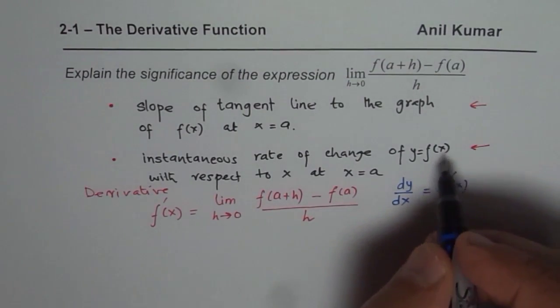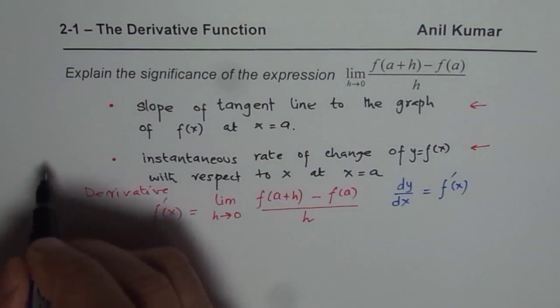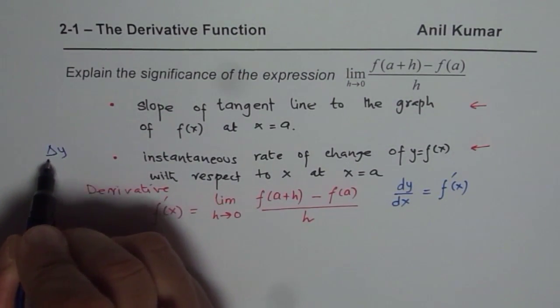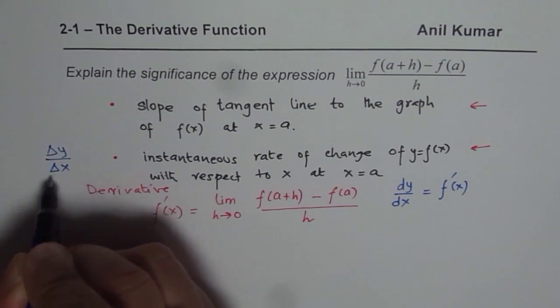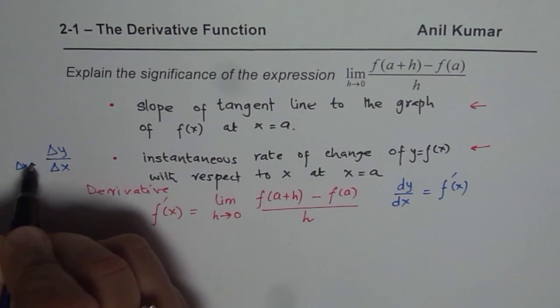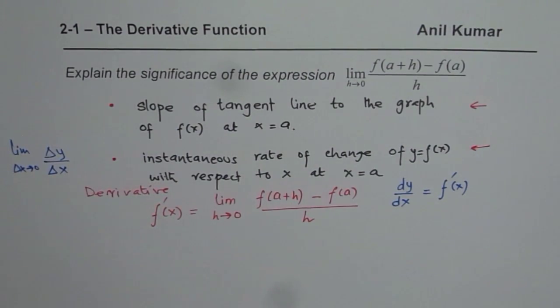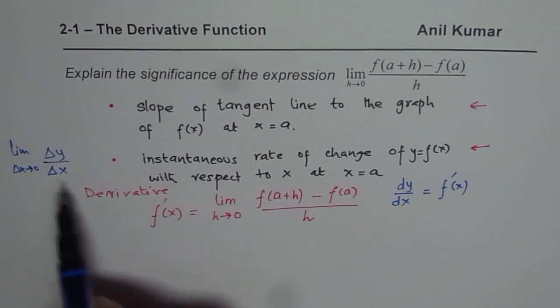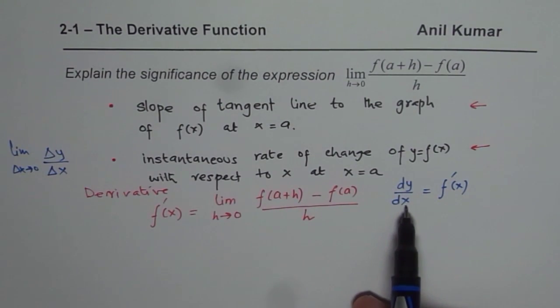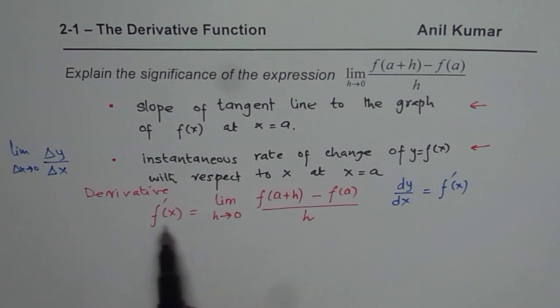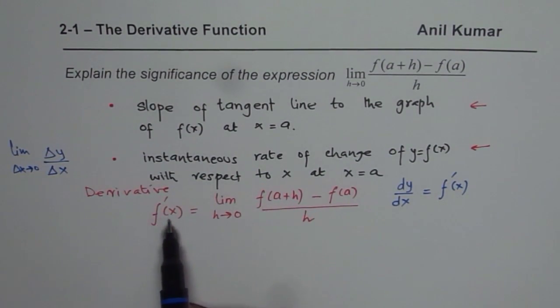In a way, the way we saw it earlier, delta y over delta x, where delta x approaches 0, so limit delta x approaches 0. So this particular definition could be written as dy over dx, where we are using the nomenclature f dash x.